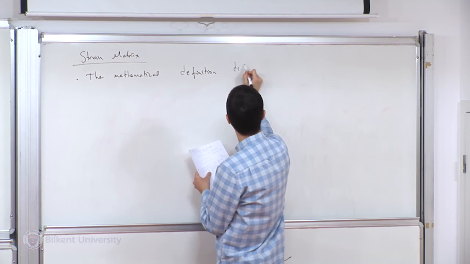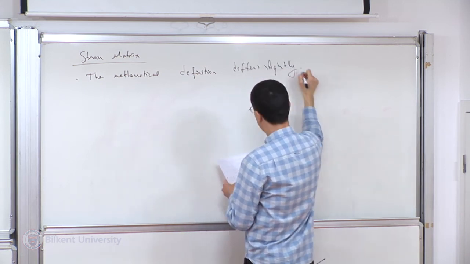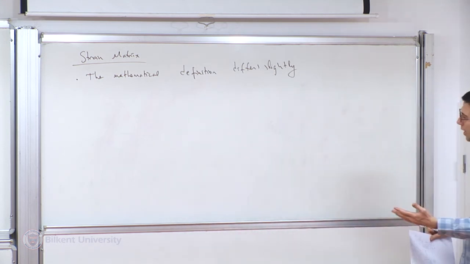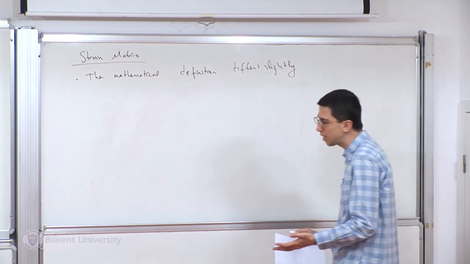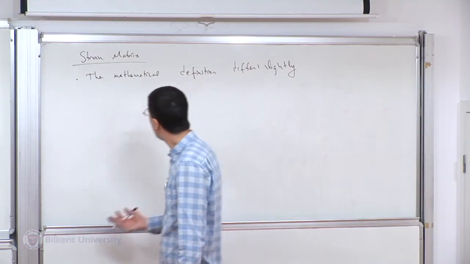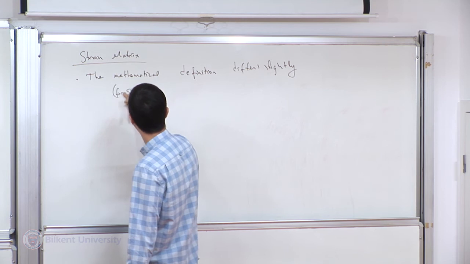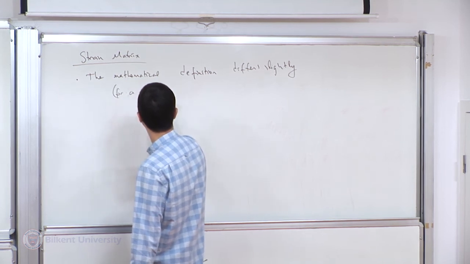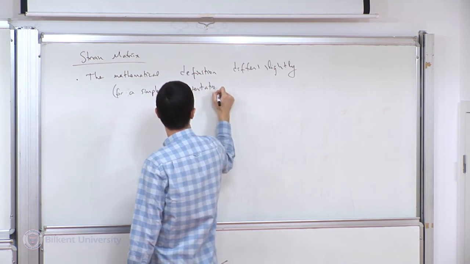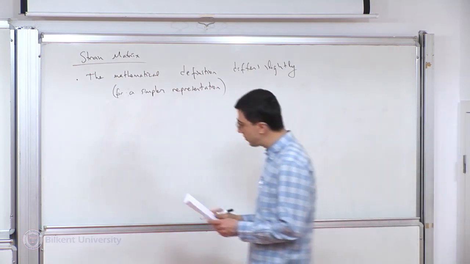So let me make a note of it here. It will look different, and you will ask, why does it look slightly different? Why not carry on with the old choice? And the reason is that we want to have a simpler matrix representation.